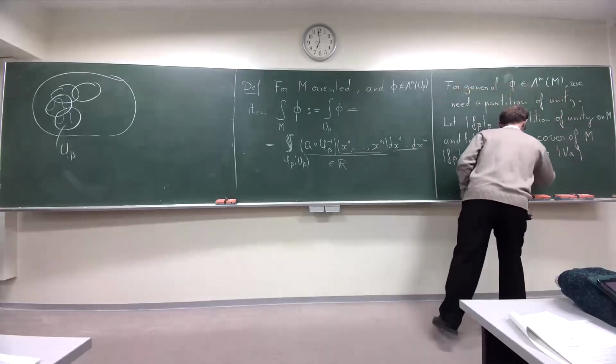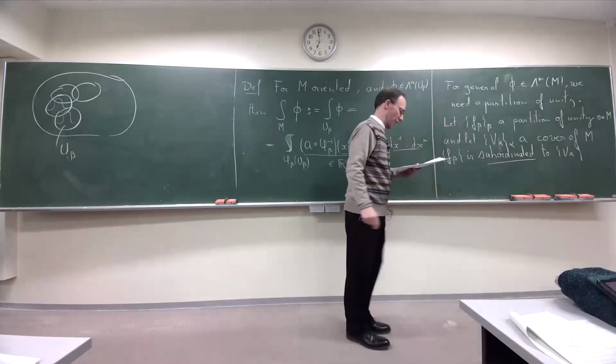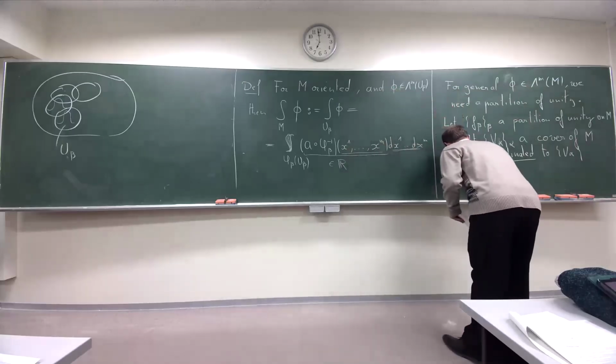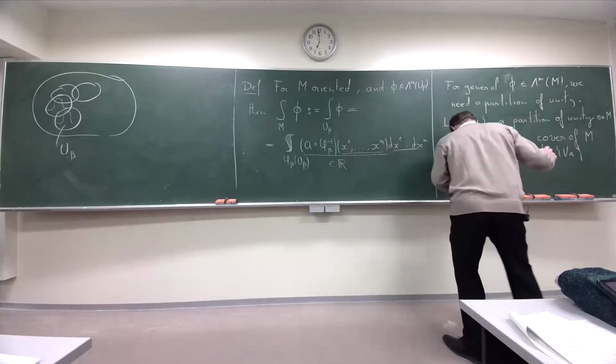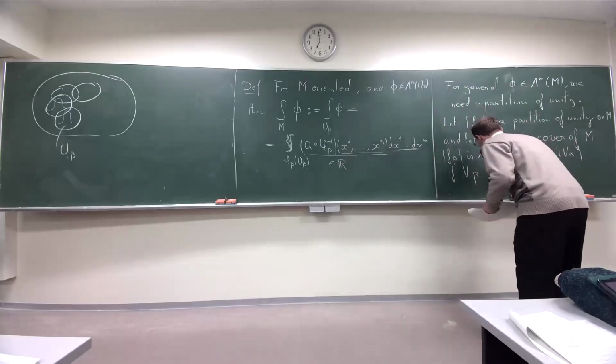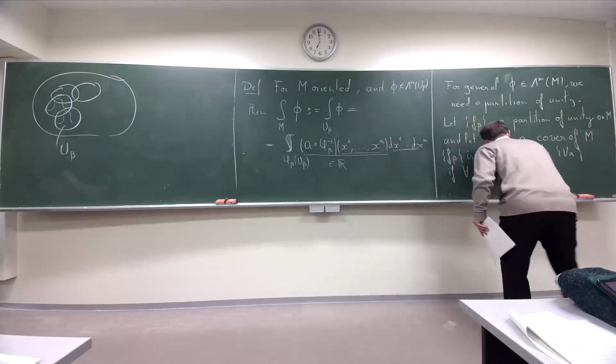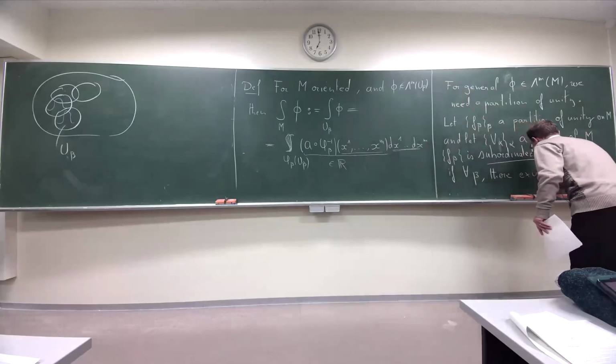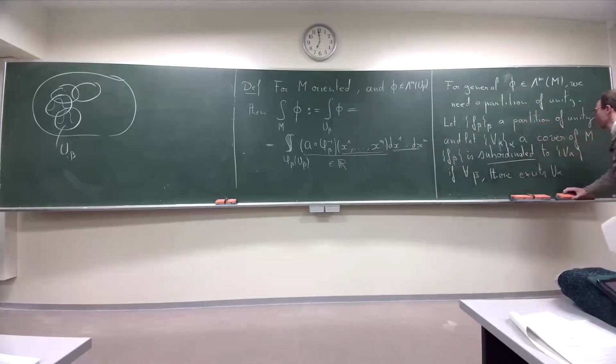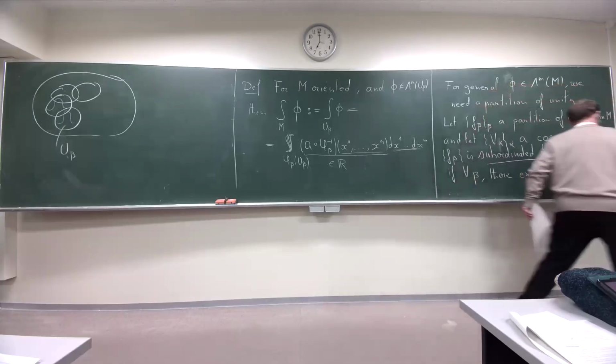This is subordinated to V alpha if for any beta there exists V alpha with the support of f beta inside U alpha, inside V alpha.